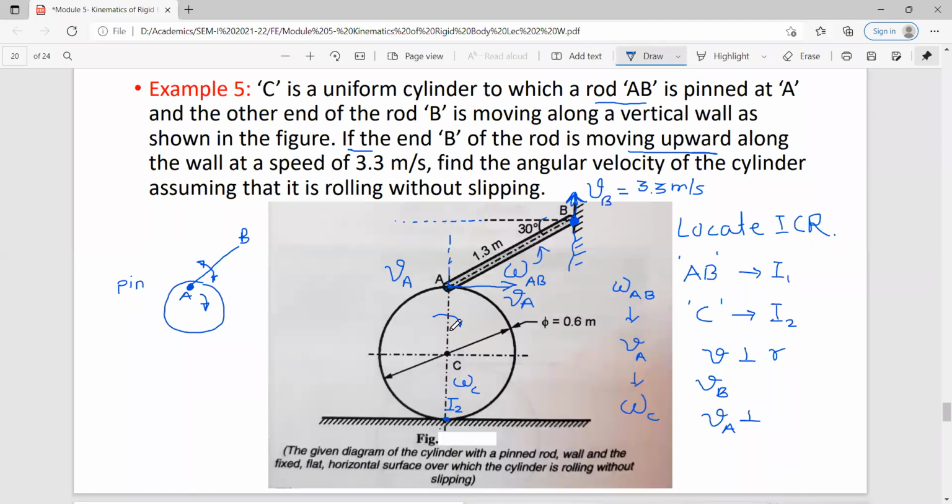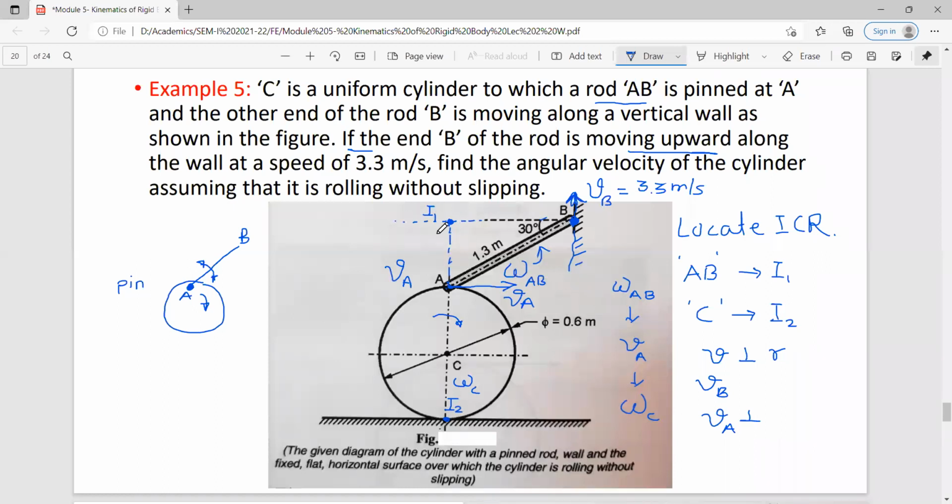I can also draw it downward, but from my common sense, I know that if I extend this radius upward, only then am I going to meet this line, which is also in search of the ICR. So there will be one common point which will be on both lines. This common point will be our ICR, that is I1.